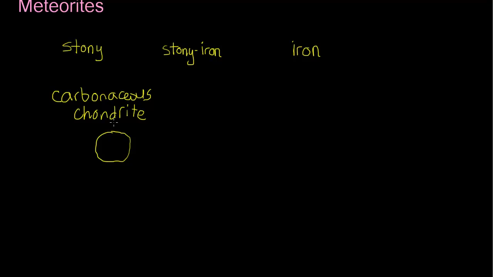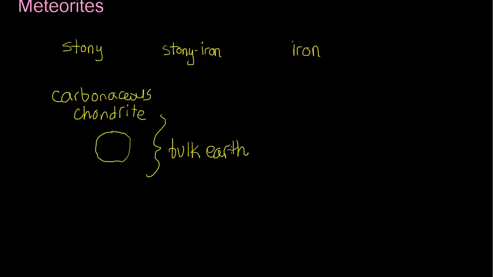These are the most primitive meteorites and are thought to represent the same stuff from which the Earth was made. So in a way, they have a composition that should resemble the bulk Earth composition, the composition of the Earth if you stirred together all the components of the mantle and the core and the crust and put it all together. So these carbonaceous chondrites are thought to have a composition that's similar to the bulk Earth, or rather the bulk Earth is thought to have a composition similar to carbonaceous chondrites.